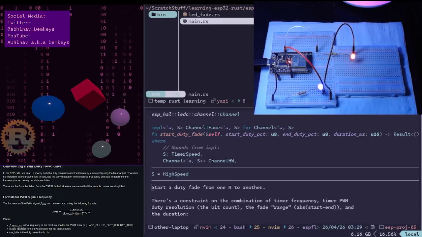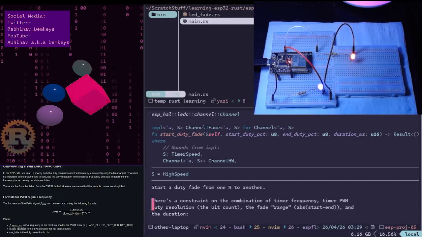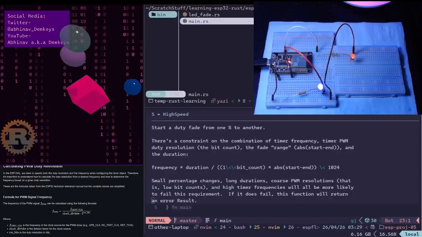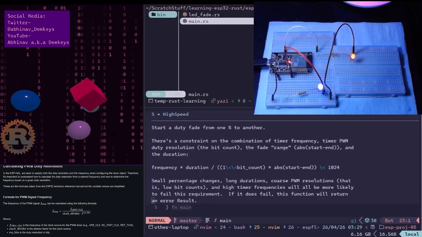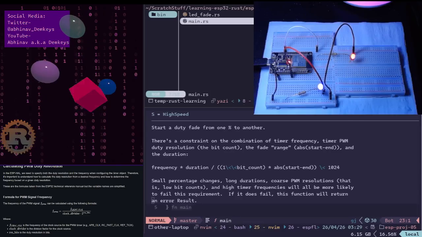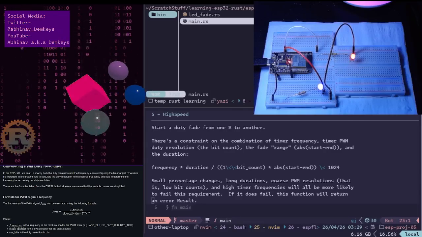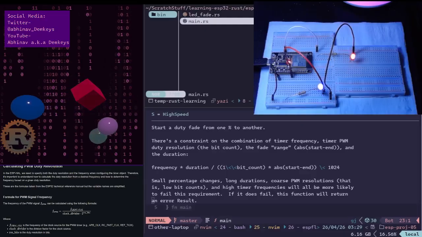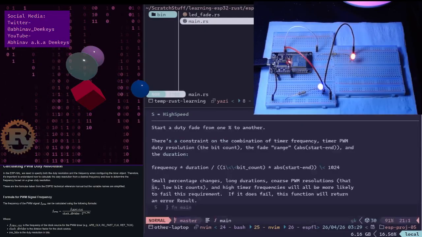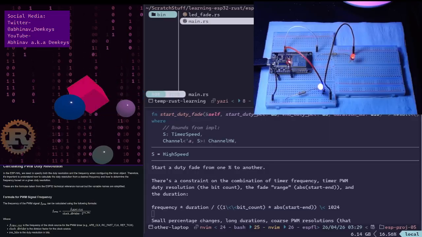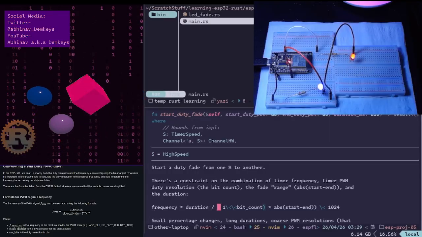Small percentage changes, long durations, coarse PWM resolutions, that is low bit counts, and higher frequencies will all be more likely to fail this requirement. Oh, I think I just understood what this is. This is an escape character.